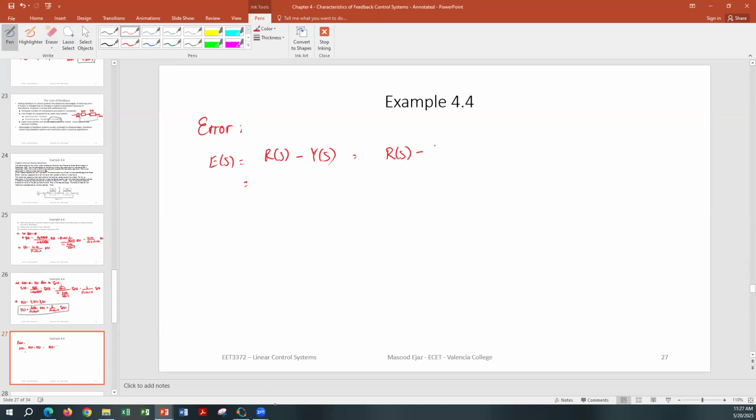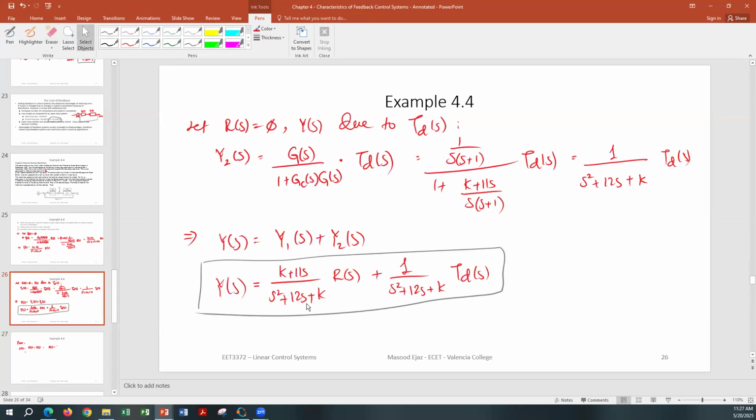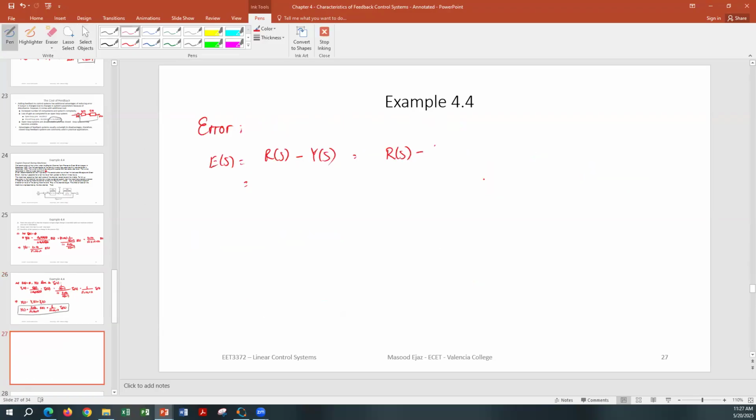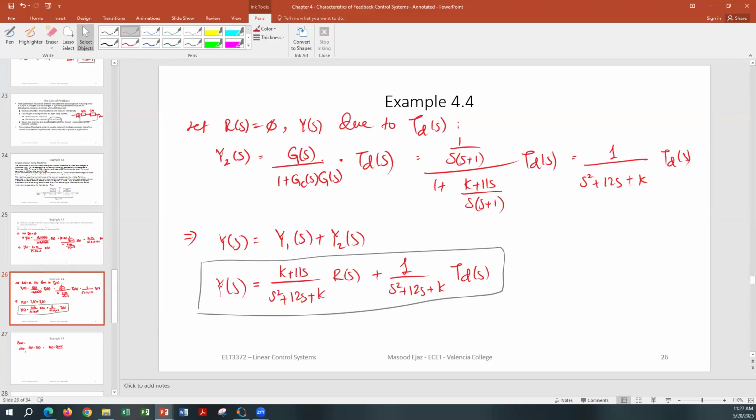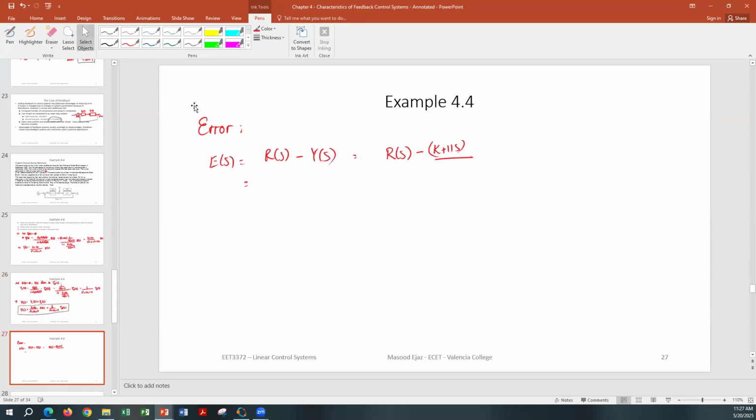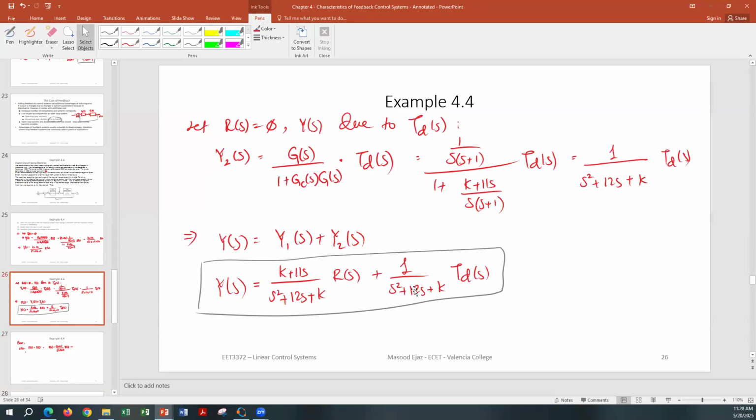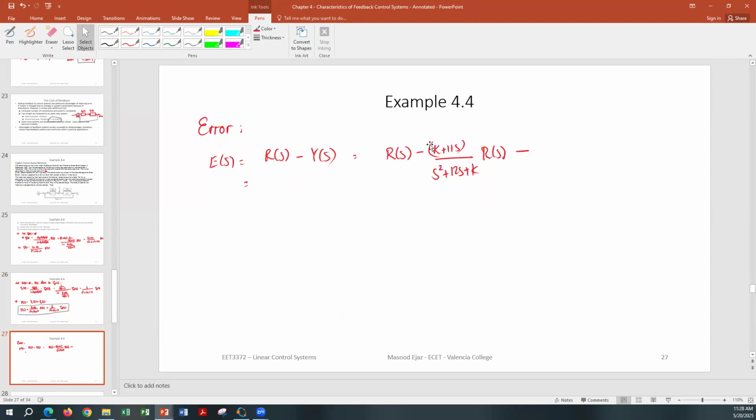R(s) minus Y(s), and the Y(s) expression is (K plus 11s) over s squared plus 12s plus K, times R(s), minus 1 over s squared plus 12s plus K, times TD(s).